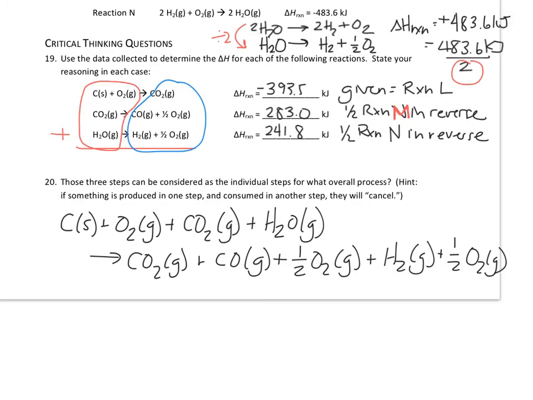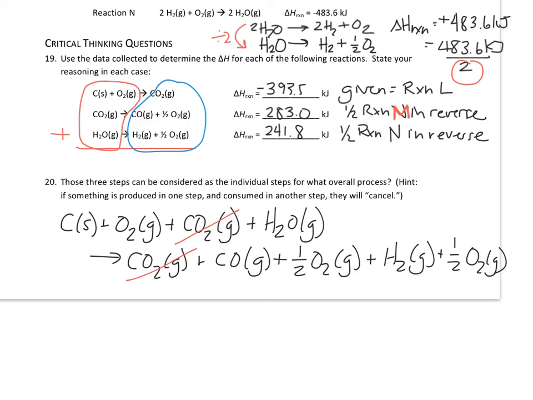So that, I could say, is the overall thing that happened. I used up all these reactants and I got all these products. But there's a simpler way to represent this. For example, let's combine these 2 O2s and let's recognize that we used up a mole of CO2 and then we got it back. So in terms of a net change, we didn't actually change anything in terms of CO2.